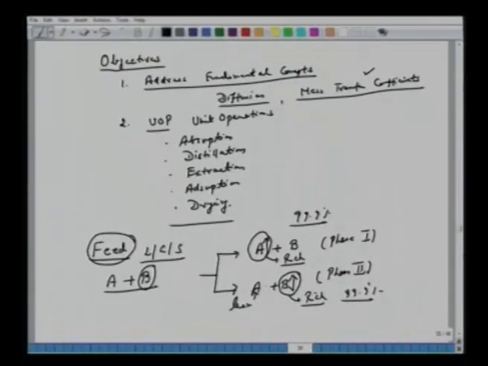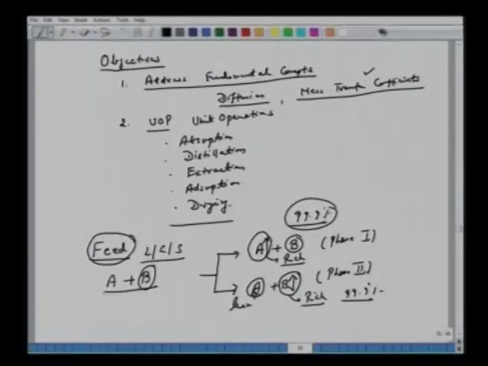This is the way we are separating it. In one phase A is in very large quantities, that's our desired product, but B will appear as an impurity. We won't be able to have 100% separations. In the other phase we have the second component B, which is rich, like 99.9%, and A will appear as an impurity. Now, how do we achieve this?